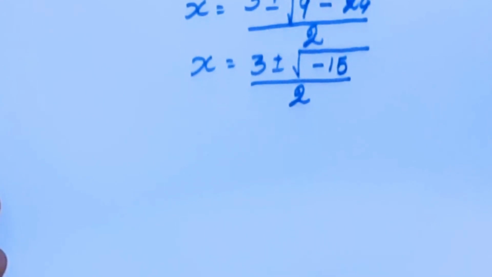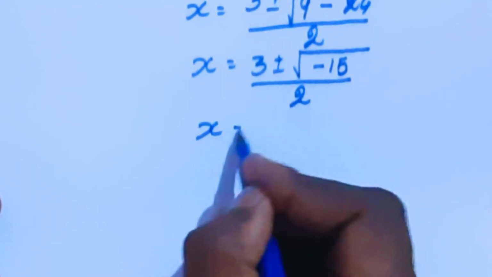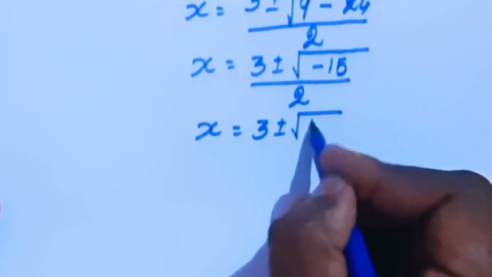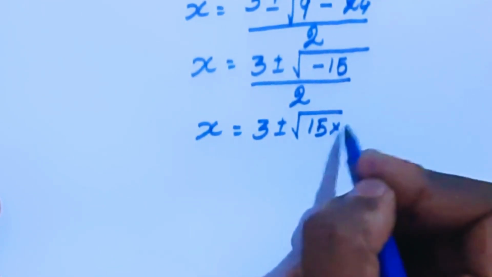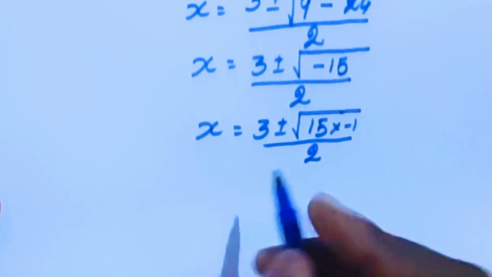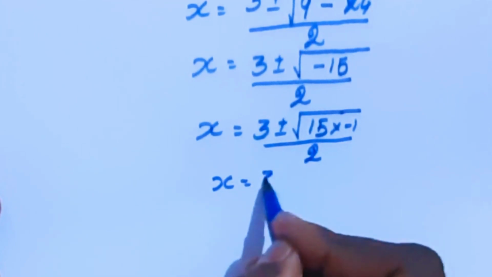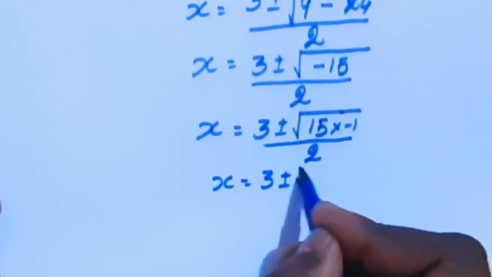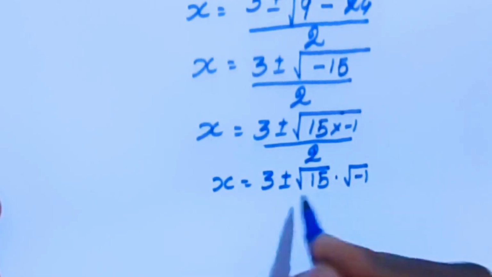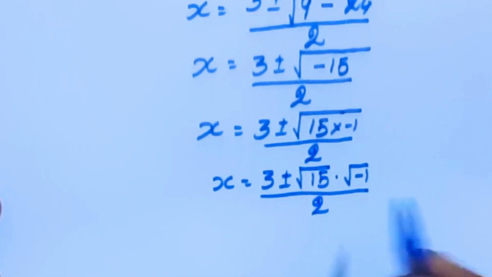Now this can be written as x = 3 ± square root of 15 times -1, divided by 2. So x = 3 ± square root of 15 times square root of -1, divided by 2.